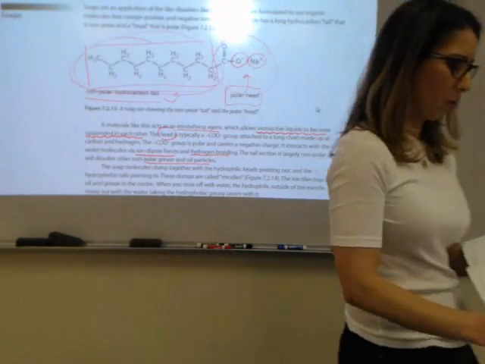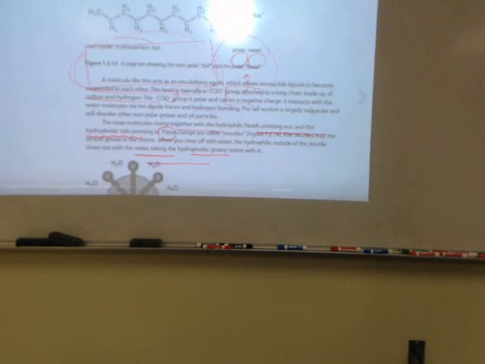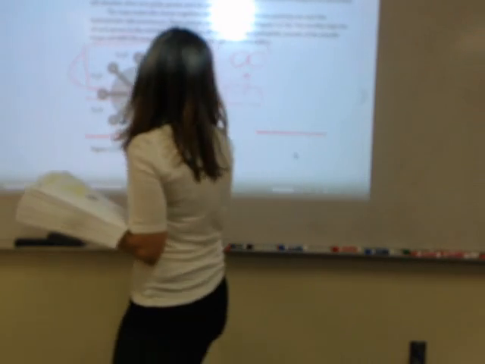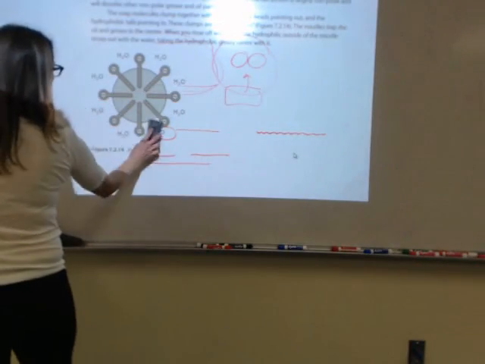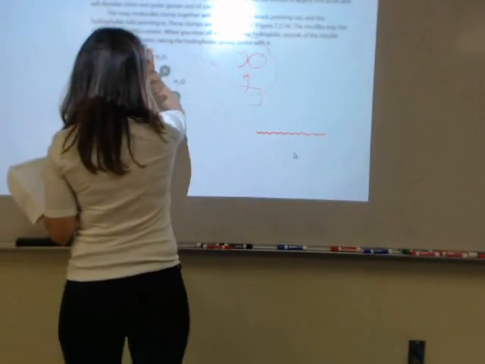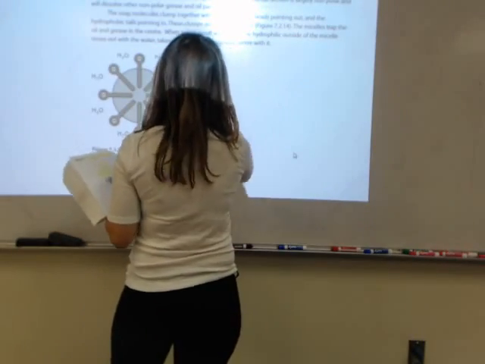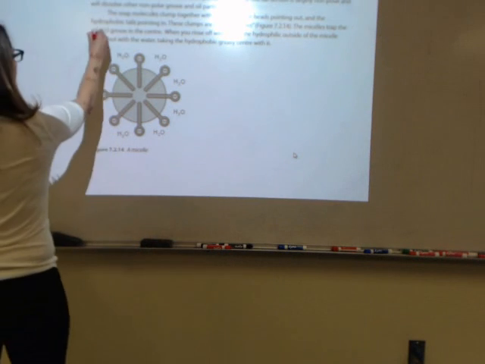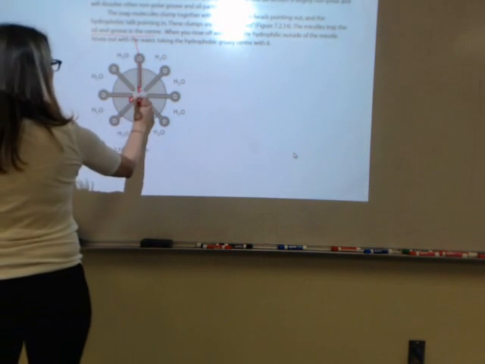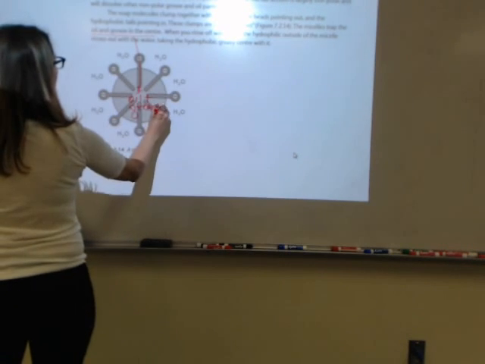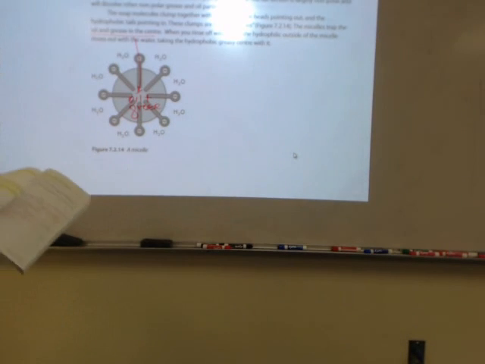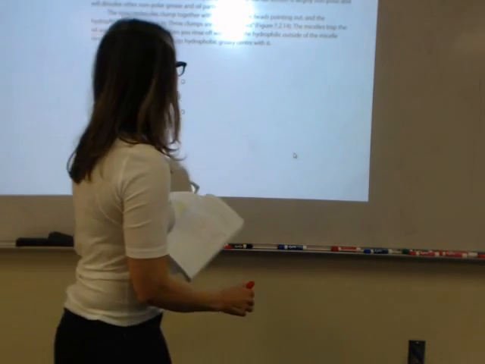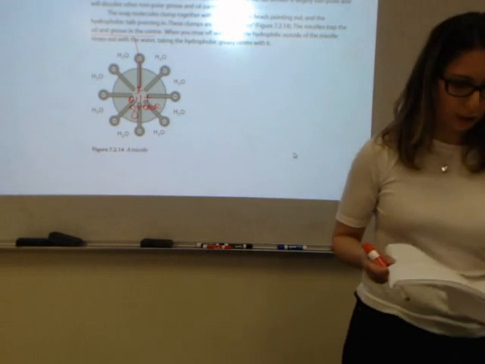So the soap molecules are going to clump together so that the hydrophilic heads, the heads that love the water, are pointing outwards, and the hydrophobic tails are pointing inwards, and they create clumps known as micelles, which you likely talked about in biology. The micelles trap the oil and grease in the center, in the nonpolar region. And when you rinse off with water, the hydrophilic outside of the micelle carries it out with the water. So your hydrophobic greasy center is now gone.